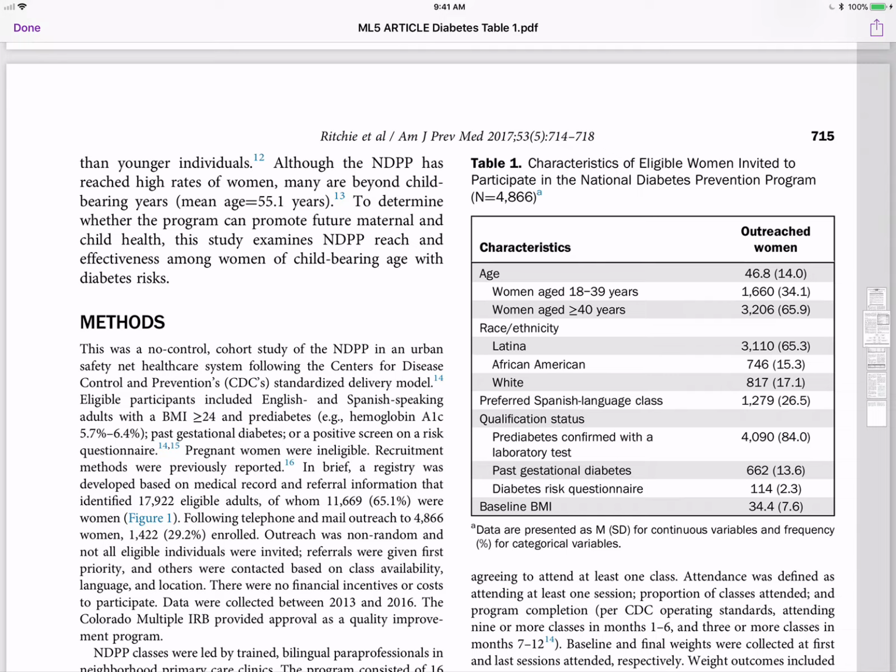There are a couple of other things that I would like to point out specifically in this one. You'll notice the left column is left justified up against the left side of the table. That's very common with the indentations being very consistent. But the right-hand column is centered. Outreached and women, and then all of the numbers and percentages are centered within that column.